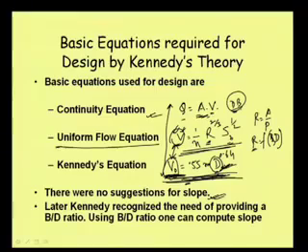Now, what is the advantage of having this B by D ratio? Earlier also we could calculate the ultimate size of the channel which matches this V, that is, the Kennedy's velocity and the uniform flow velocity. So that we could do, but as I have mentioned, slope was not considered at that point.